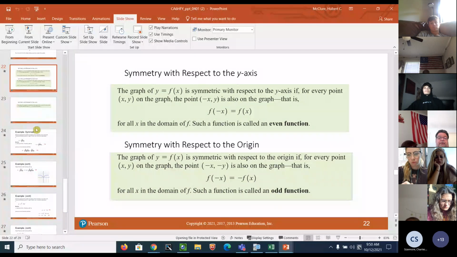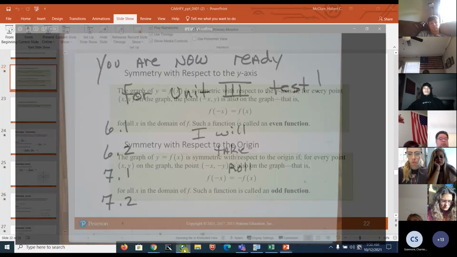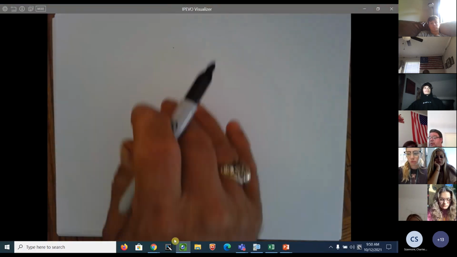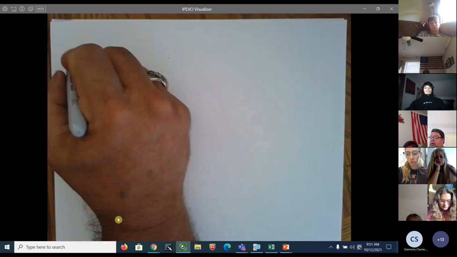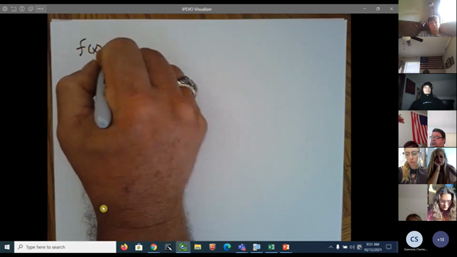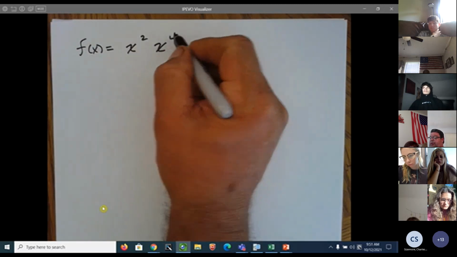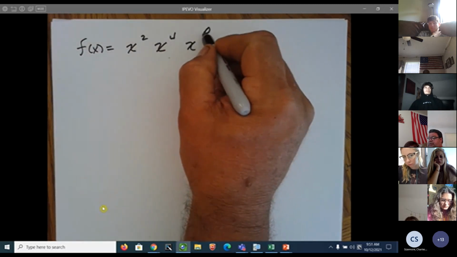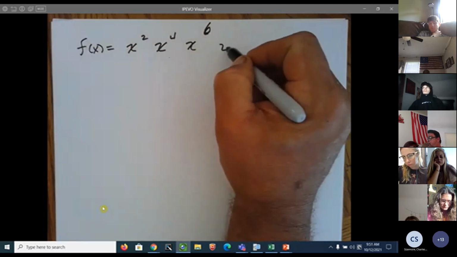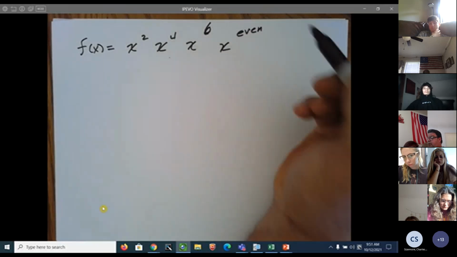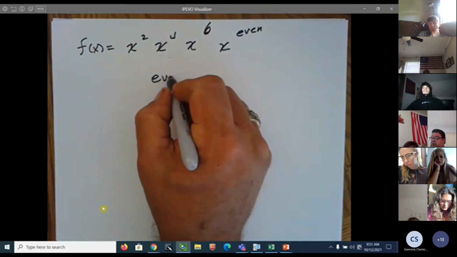Okay, if something is symmetrical, and we talked a little bit about this, if you have f of x is equal to x to the second, x to the fourth, x to the sixth, x to the even power, it's what we call an even function.